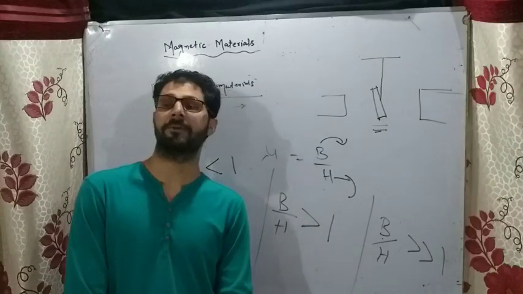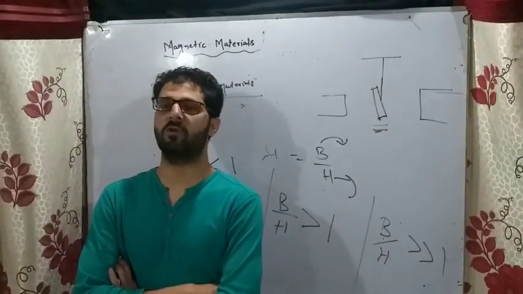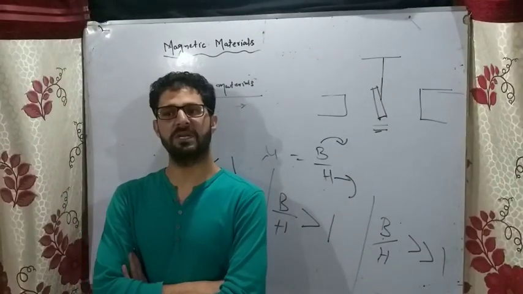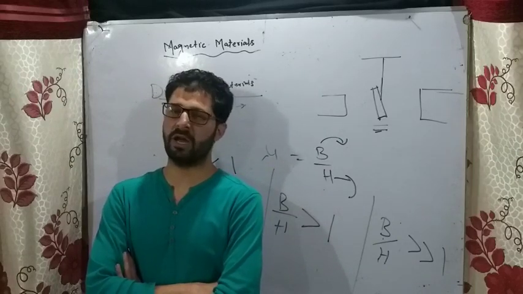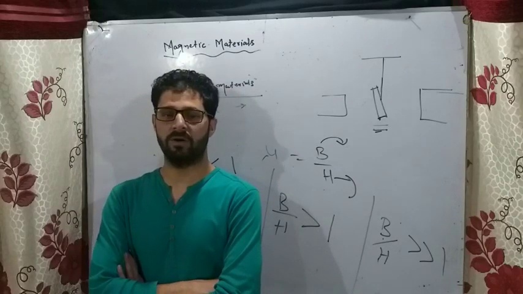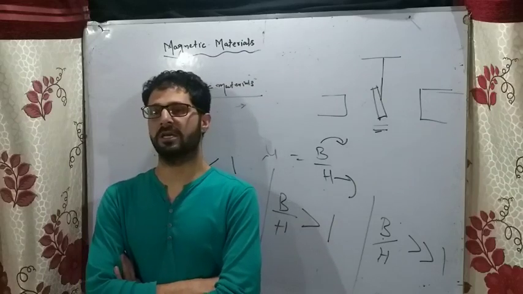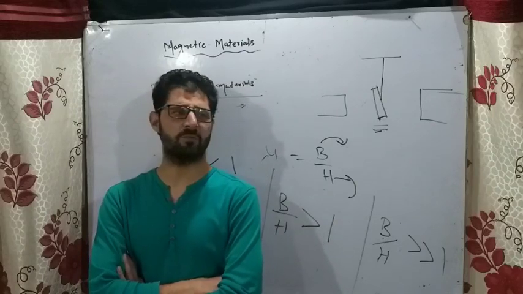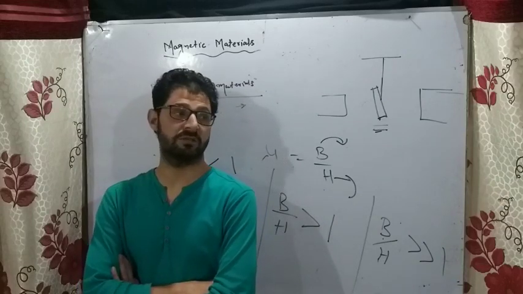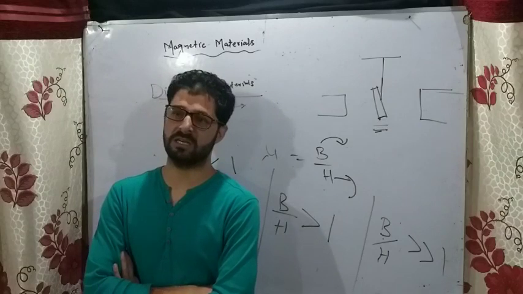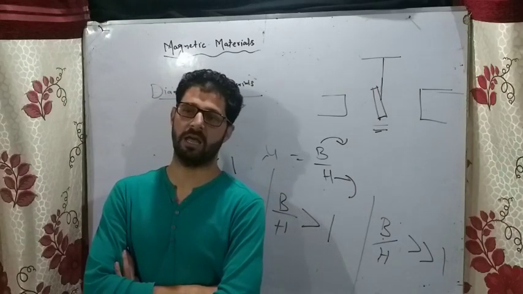You should also remember that only those substances are magnetic which have unpaired electrons in their valence shells. If you are asked to calculate, if it has 3 unpaired electrons, then that substance has a corresponding magnetic moment.